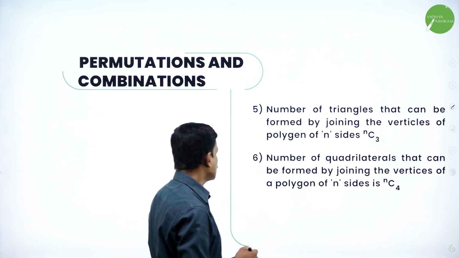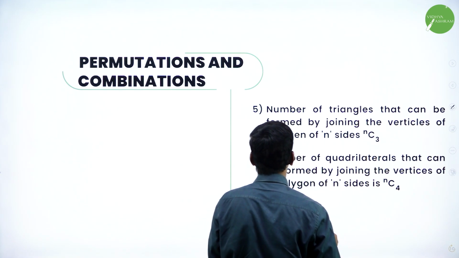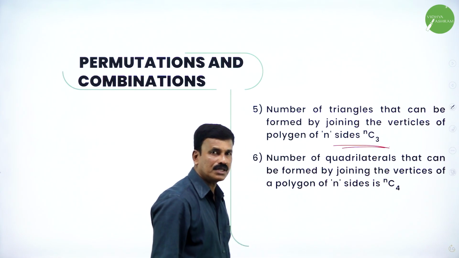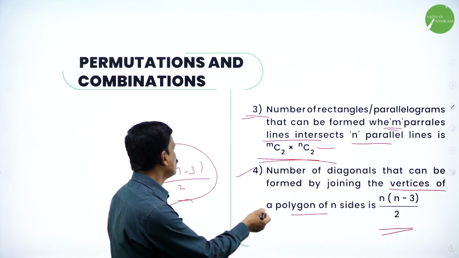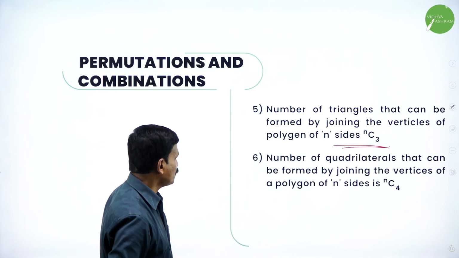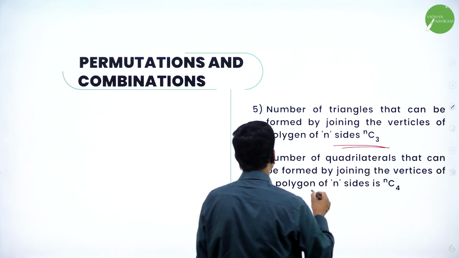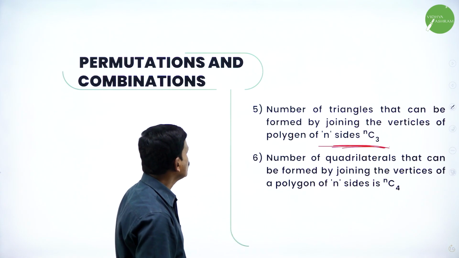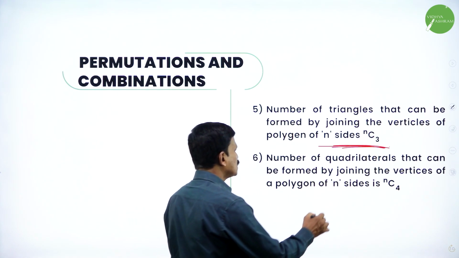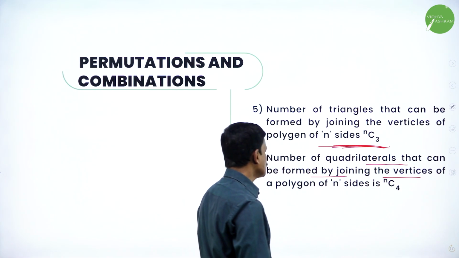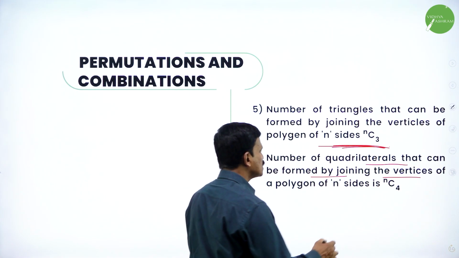The number of triangles that can be formed by joining the vertices of a polygon of n sides is equal to NC3. This is also important. The number of diagonals of a polygon of n sides is n into n minus 3 by 2, whereas the number of triangles is NC3. Now, the number of quadrilaterals that can be formed by joining the vertices of a polygon of n sides is NC4.